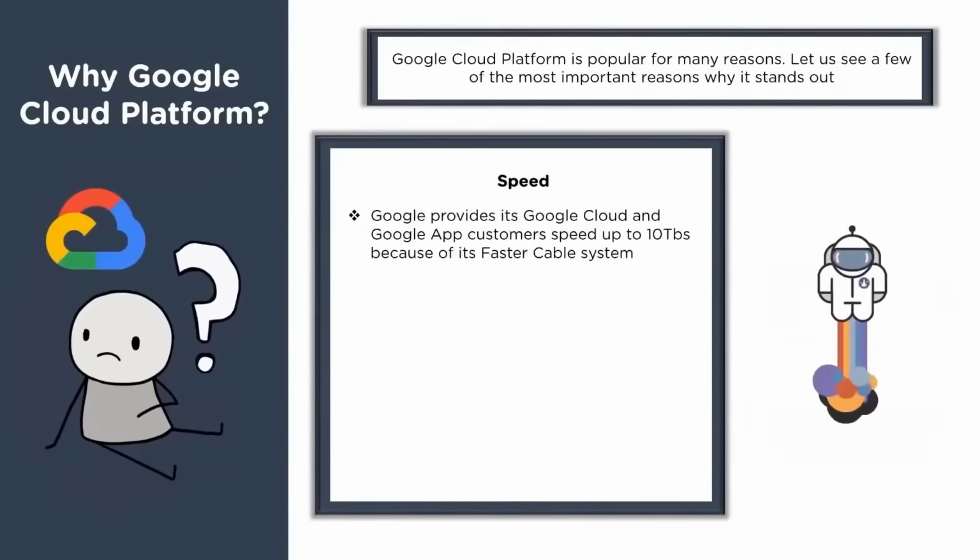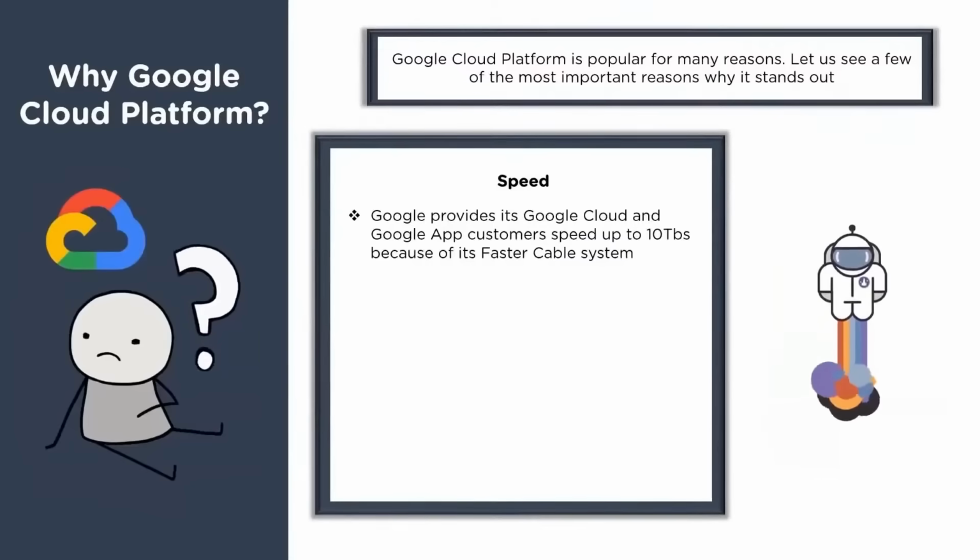Now, when we talk about speed, we don't need to really challenge this aspect when it comes to Google services. Google provides its Google Cloud and Google Apps customers speed up to 10 terabytes because of its faster cable system. There are different kinds of machines which can be used if you're talking about computation, memory hungry applications, or even storage intensive workloads.